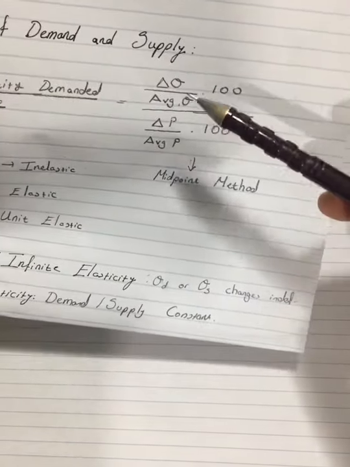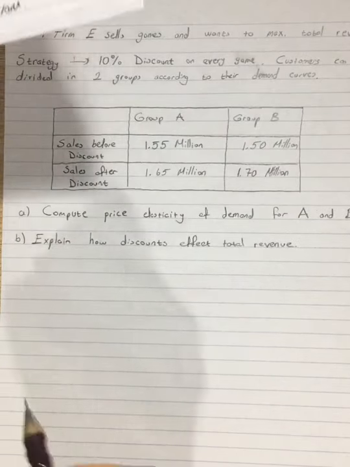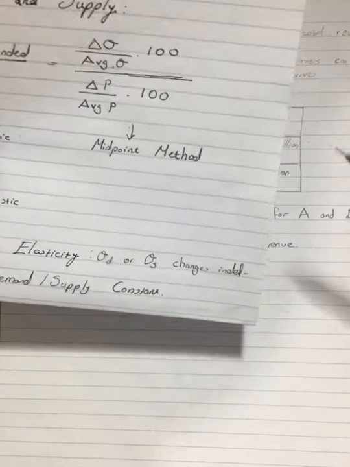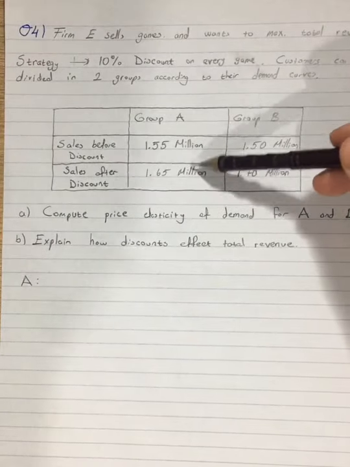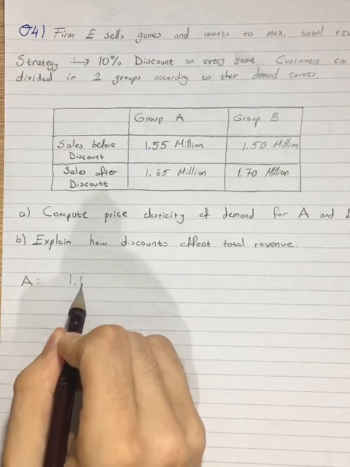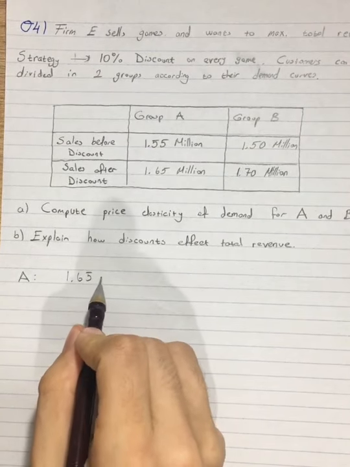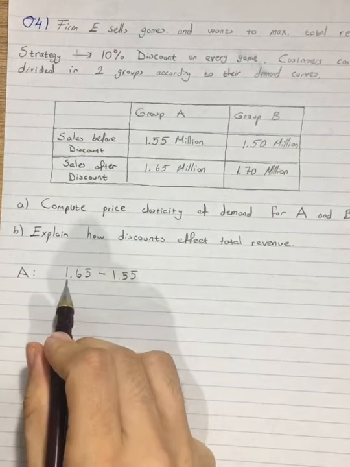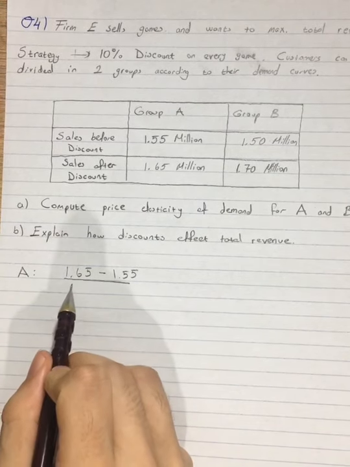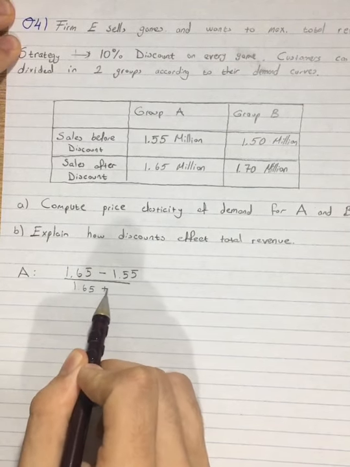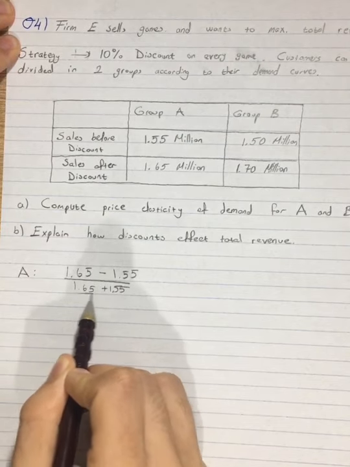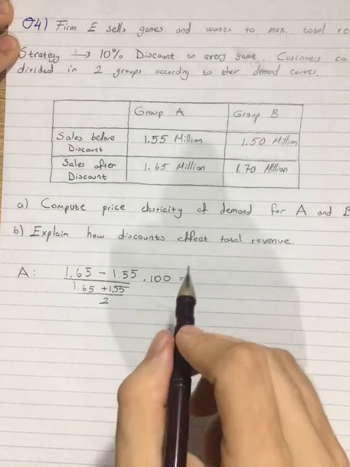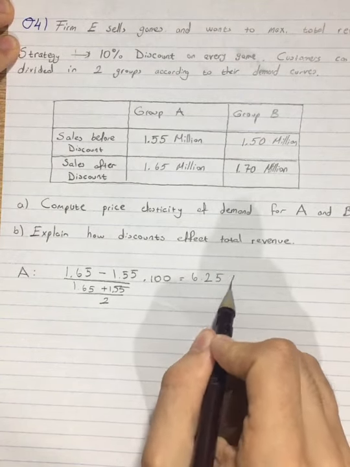So first, let's find the elasticity for group A. We have to find the change in the quantity demanded. What's the change in the quantity demanded? It's this after the price change. And I'm just writing it. Over the average quantity demanded, and it's this over 2, times 100 gives us the percentage change in quantity demanded, which is 6.25%.